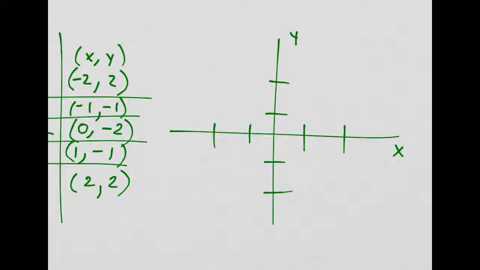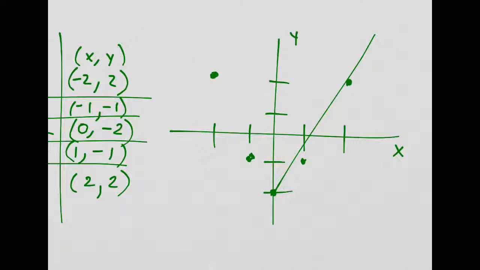That's my first point. Negative 1 comma 1, 0 comma negative 2. Whoops, I did that wrong, right? Negative 1, negative 1. That should be down there. 0, negative 2. That's right here. 1, negative 1. 2, positive 2.